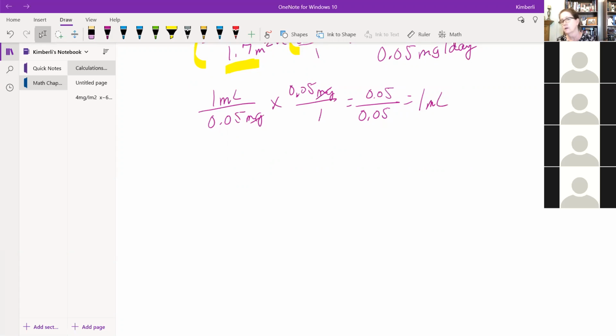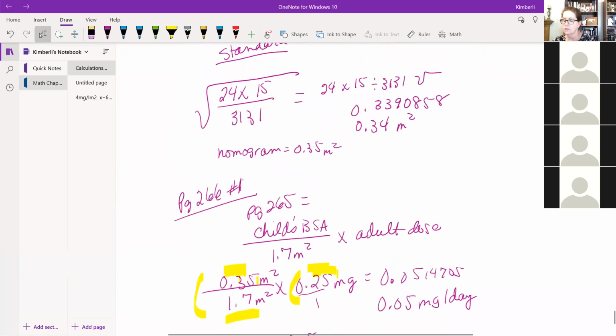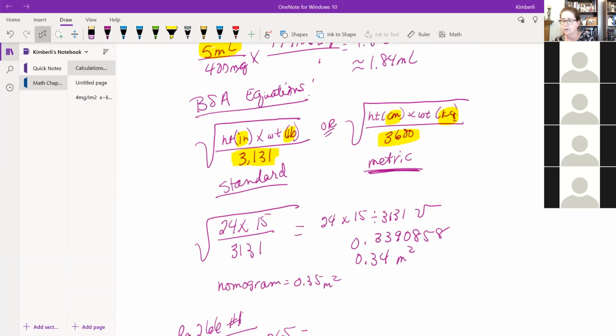Mrs. Lopez, can we convert inches to centimeters or kilograms to pounds? Exactly, yes, you most certainly can. Especially if you're using the calculations, then you're going to need to convert either to all standard or all metric. So you're either going to convert the centimeters to inches, or you're going to convert the pounds to kilograms, depending on what you get.